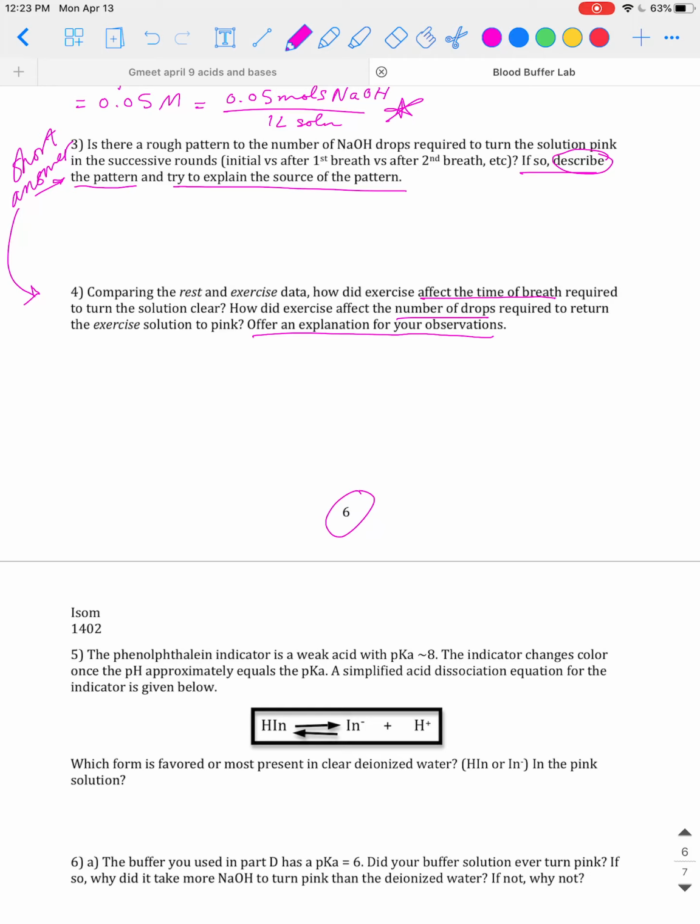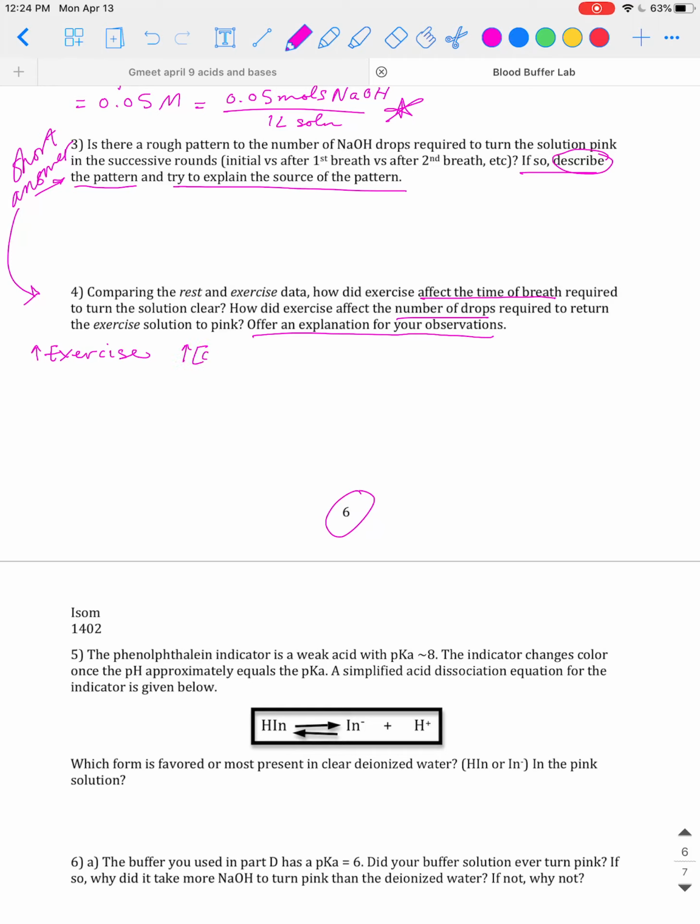Well, let's think about exercise really quick. When we're resting, our body is doing a lot, but it's not doing as much as when we exercise, okay? When we exercise, if we increase the amount of exercise that we're doing, we're putting our muscles to work, we're putting our circulatory system to work, our respiratory system, our breathing increases, it becomes heavier, right?